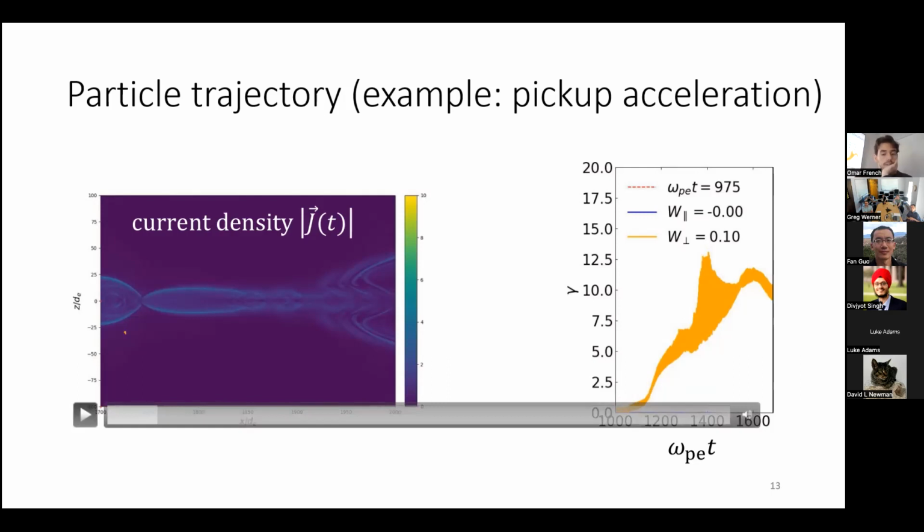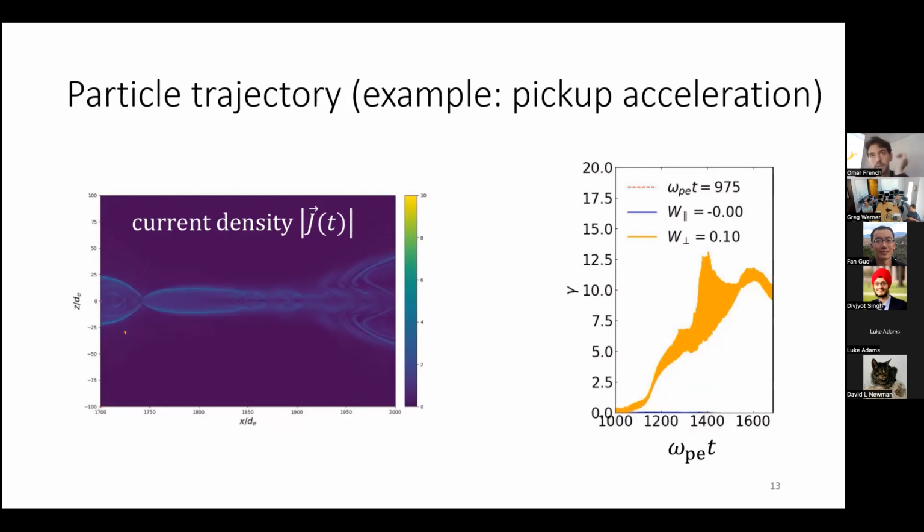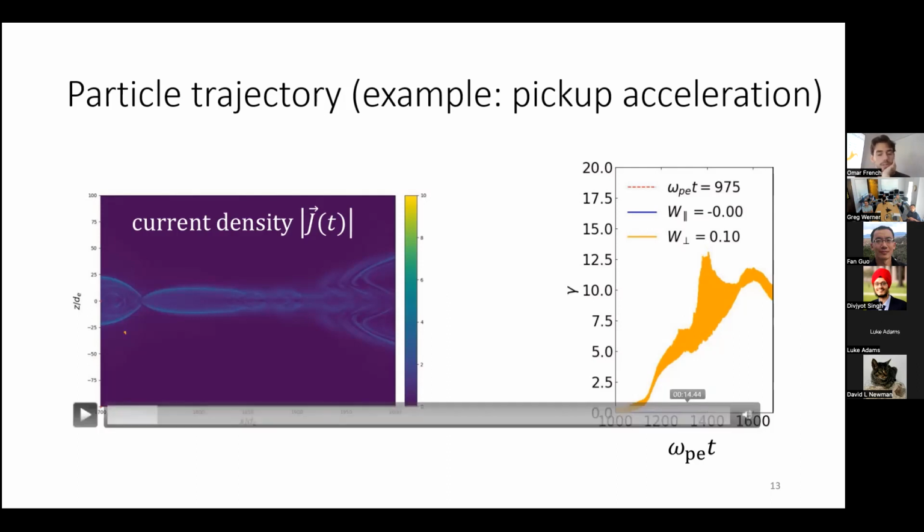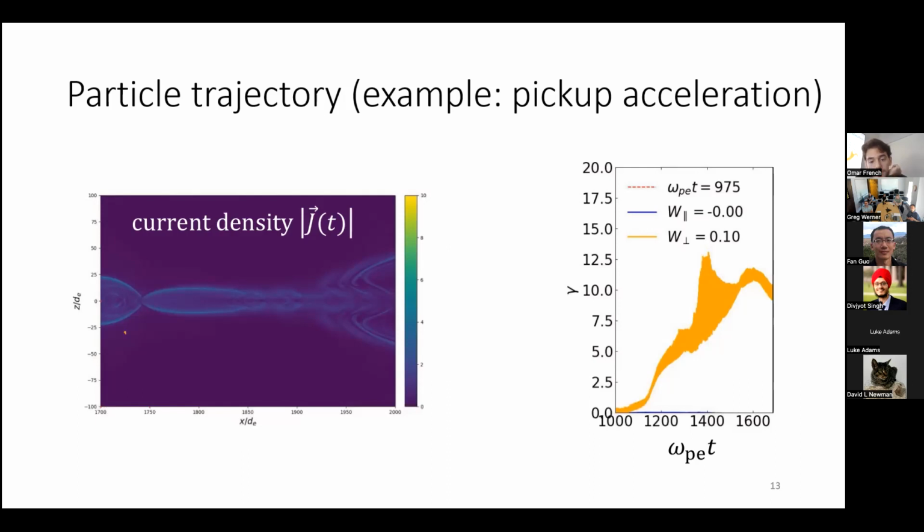Yeah, it's very rapidly oscillating here, probably on the order of gyro frequencies, as Greg mentioned. I think that's probably the explanation. As we can see here, this time scale may be 100 omega_pe, and so it's entirely possible that from one omega_pe to the other, it just goes up and down and has this steady increase. That's what we're describing. Thank you. Yep, thanks.